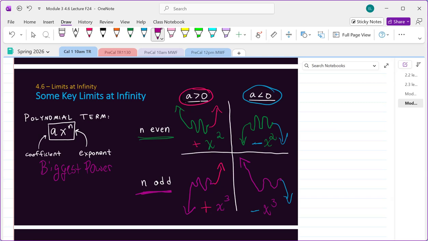So those guys are placeholders for what every polynomial of even or odd degree with positive or negative coefficients will do at the extreme values, at positive infinity or at negative infinity.